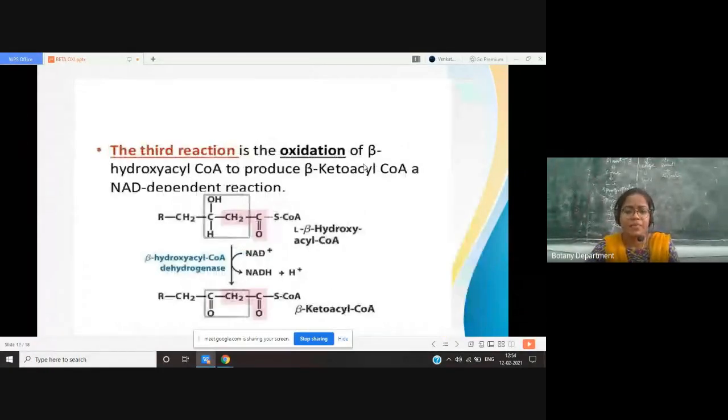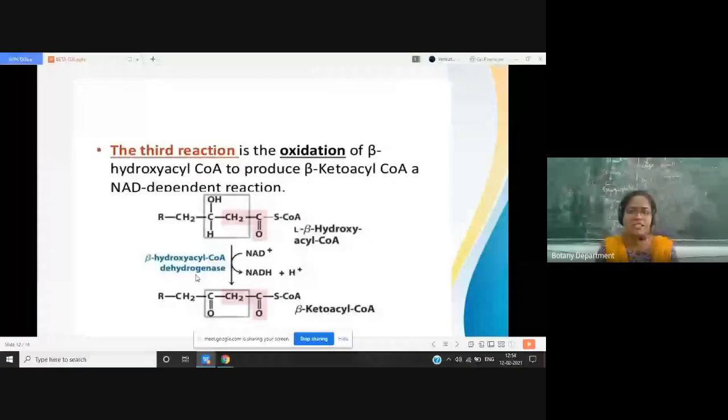Third step is beta hydroxy acyl CoA getting converted to beta keto acyl CoA, in the presence of the enzyme beta hydroxy acyl CoA dehydrogenase. Why dehydrogenase? Because this is an oxidation reaction. Oxidation reactions are always catalyzed by dehydrogenase enzymes only.